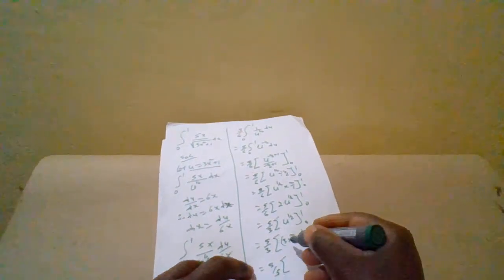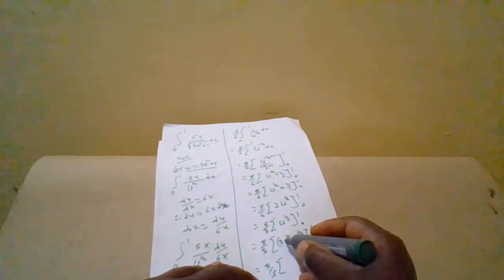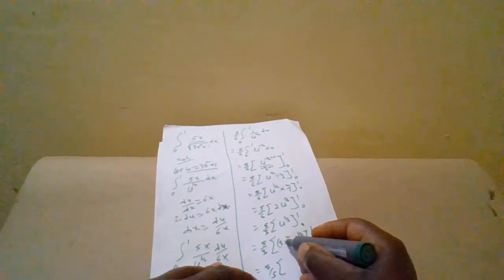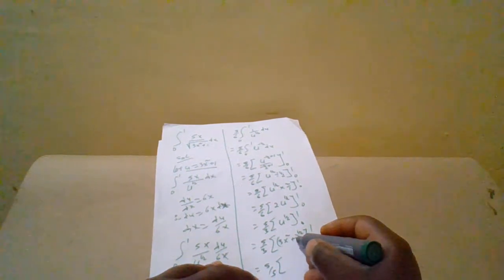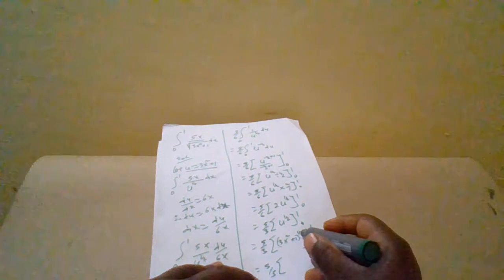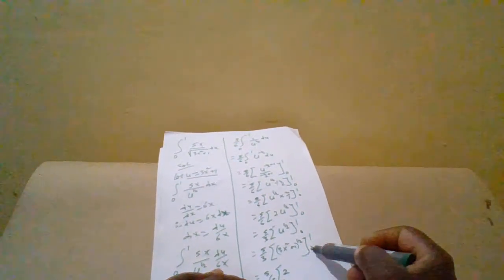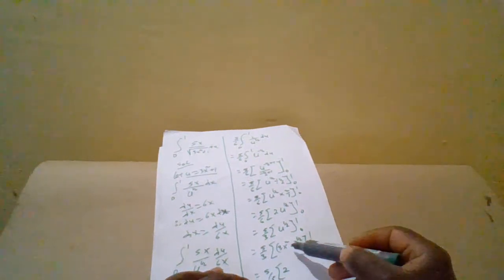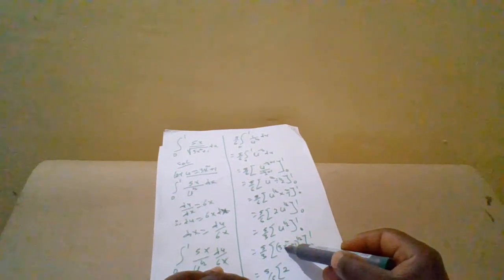So we start with 1. We have 3 times 1 squared, that is 3. 3 plus 1, that is 4. The square root of 4 is 2. And then we replace with the lower limit. This will be 3 times 0, 0, plus 1, 1.